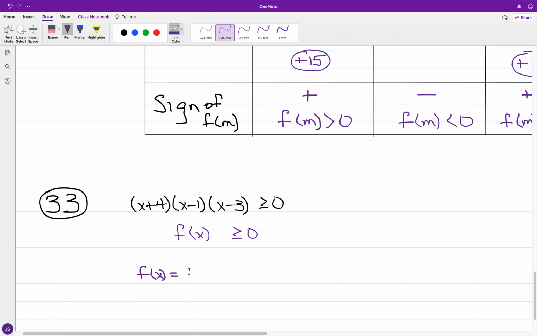So I have f of x, again, x plus 4 times the quantity of x minus 1 times the quantity of x minus 3. And again, just looking at the zeros. So I have the quantity of x plus 4 times that of x minus 1 times the quantity of x minus 3 is equal to 0.